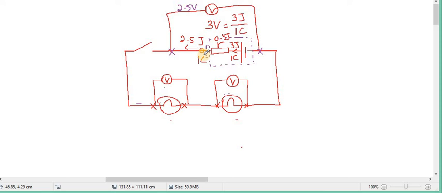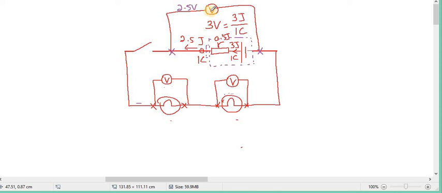Actually still got a little bit of charge that can flow through the voltmeter. Very, very, extremely small amount of charge can flow through the voltmeter. Why? Because the total resistance here is extremely high. Why is the resistance very high? Because the resistance of the voltmeter is extremely high.